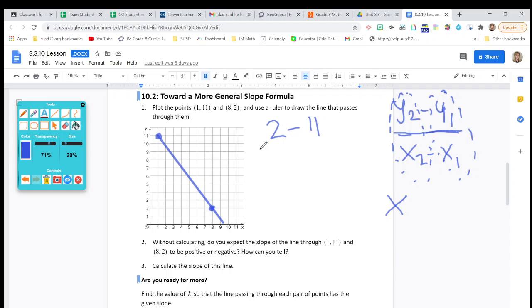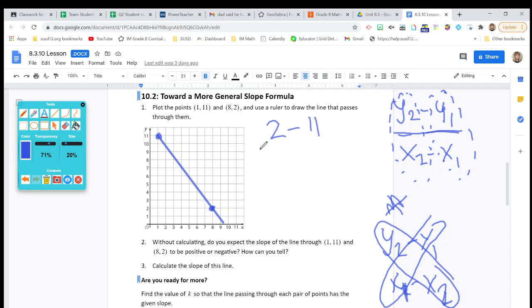Do not go y2 minus y1 over x1 minus x2. This is the wrong position. That means it's wrong. X means wrong.